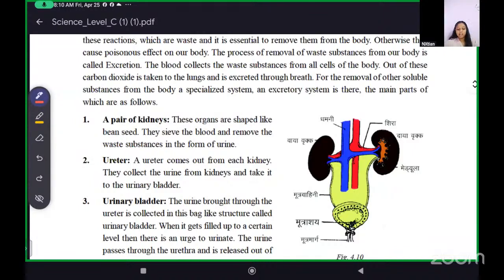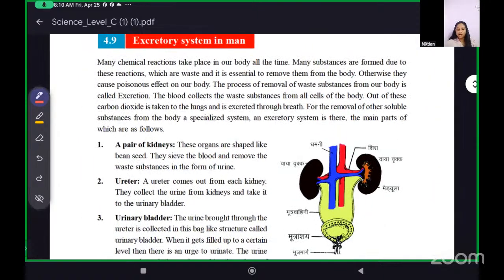Kidneys help in removing the waste substances of blood, the filtration of blood. Yes, Abraham, sure. And ureters and urinary bladder also help in the removal of waste products through urine, through urination. All right, let's give this a read.